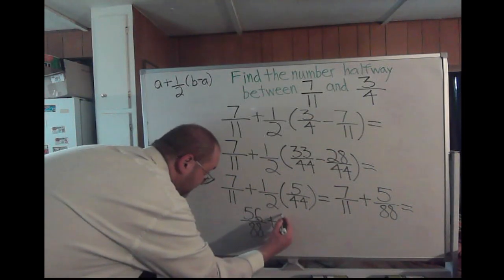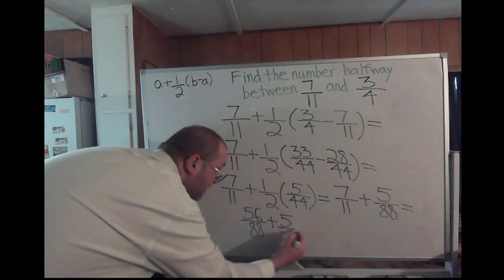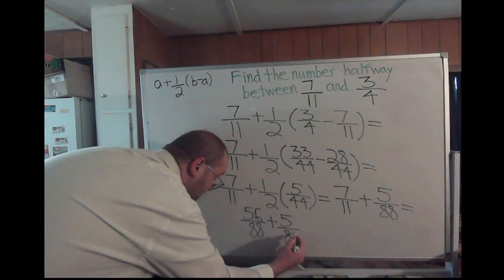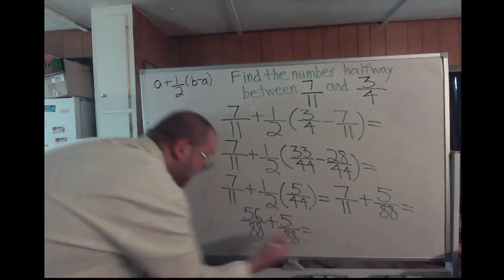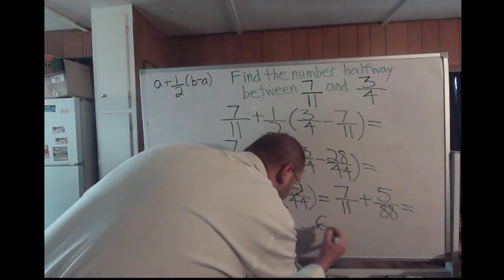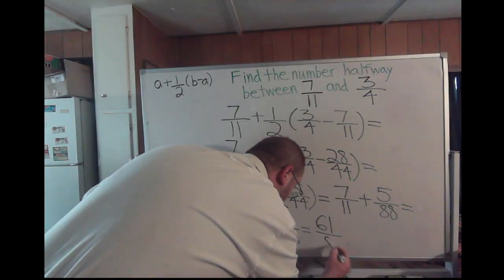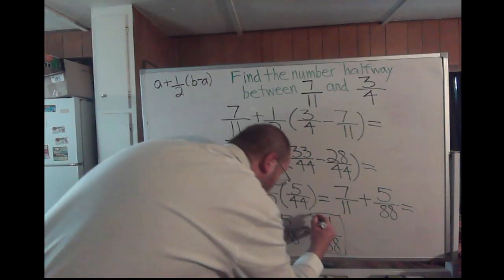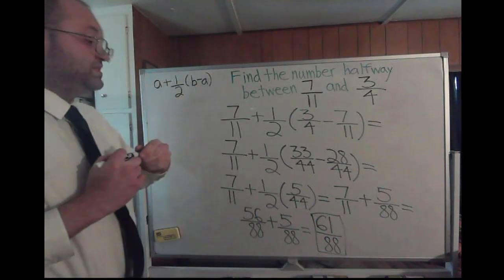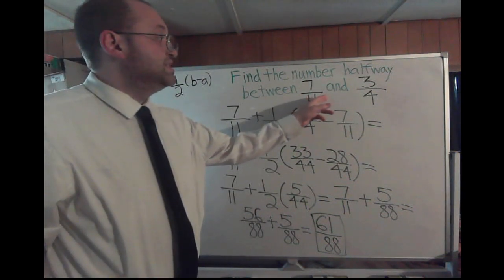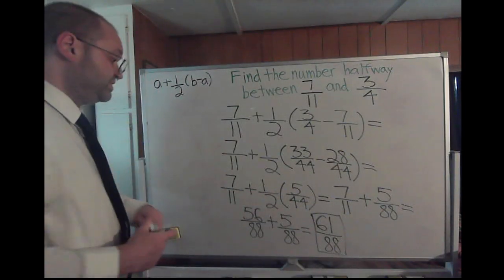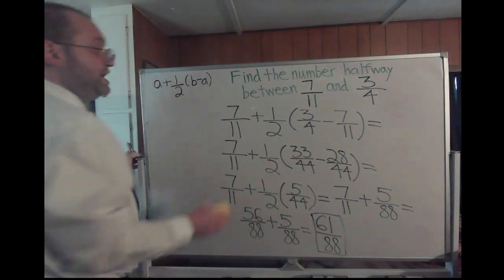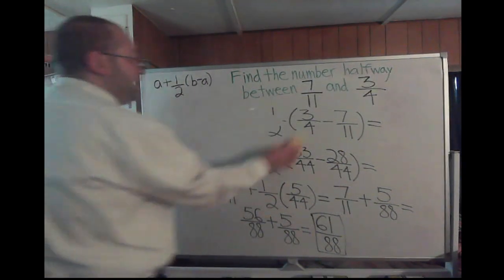Plus, we have the 5/88, which will simply equal 61/88, and it'll reduce no further. So the answer to this problem is going to be 61/88. That's the number that's halfway between 7/11 and 3/4. So yeah, sometimes you can get big fractions. That does happen.